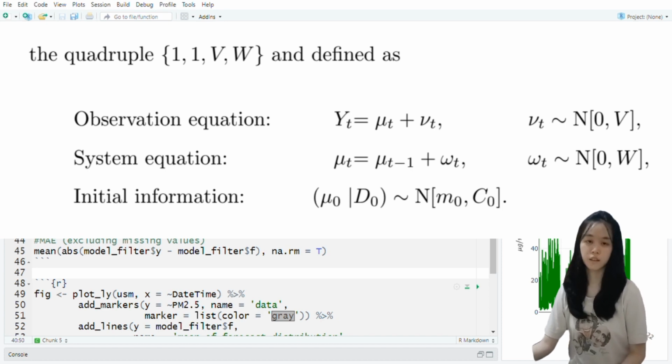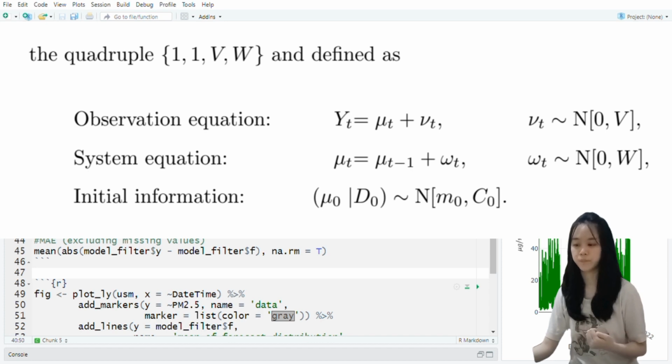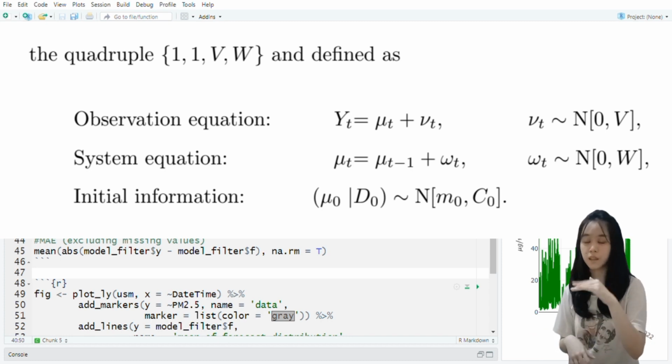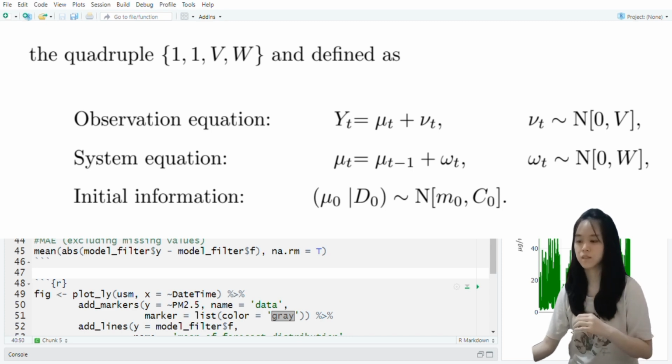Okay, now I said earlier that DLM looks at a time series in two hierarchies, the observational and the system one. So that's why we have two equations here. The first one is for the observation and the second one is for the system. You see that the first one here, y_t, which in this case is the PM2.5 value that we see in our time plot, is modeled as mu_t. Mu_t is the local level, the mean level at time t, plus some error term.